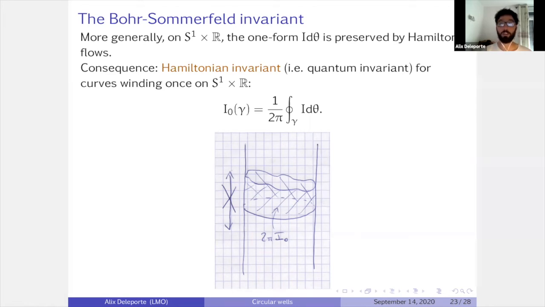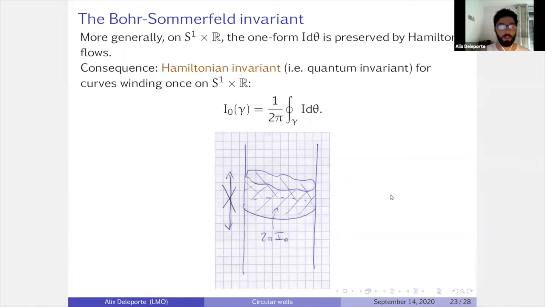And this leads to a Hamiltonian invariant and a quantum invariant for curves which go once around S1 times R. If you have a curve which makes one turn around the base circle, then you can define, it looks like things we were looking at previously, you just take the area here and you divide it by 2 pi.